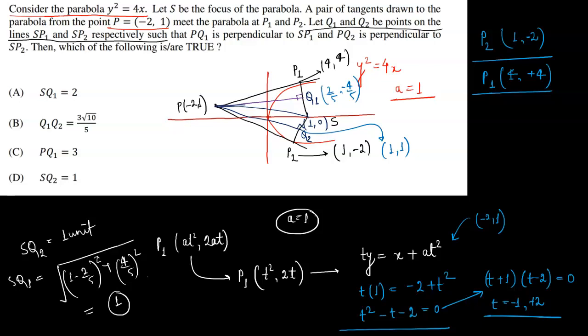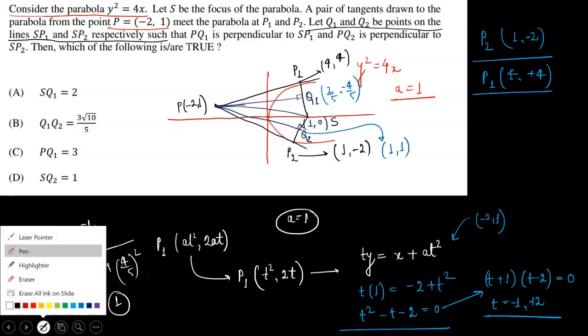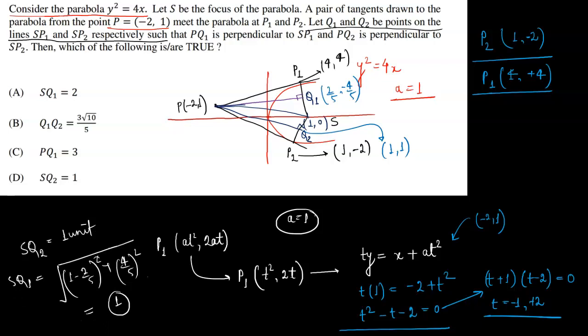So both triangles are congruent. Q1 and Q2 can be interchanged with each other. So the question was just confusing us, nothing more than that. This can be said to be the twisted point of this question. So SQ2 and SQ1 are the same and have a distance of 1 unit. So option D is correct.